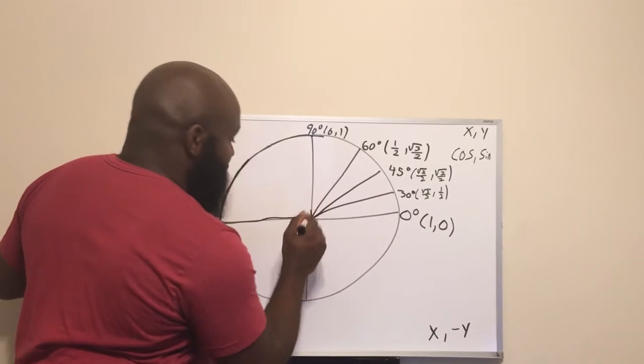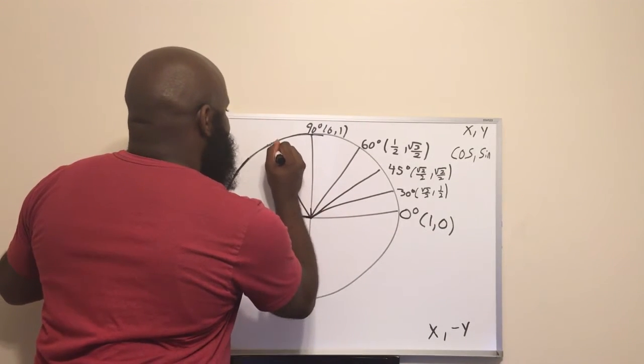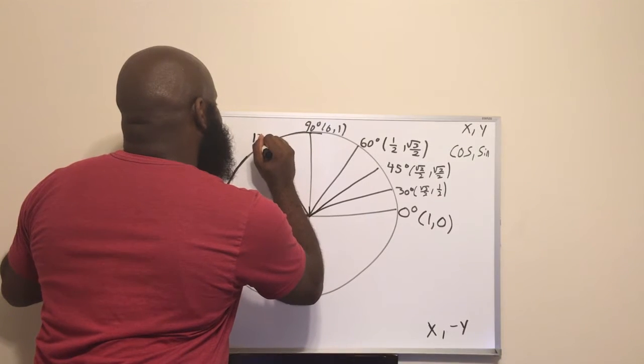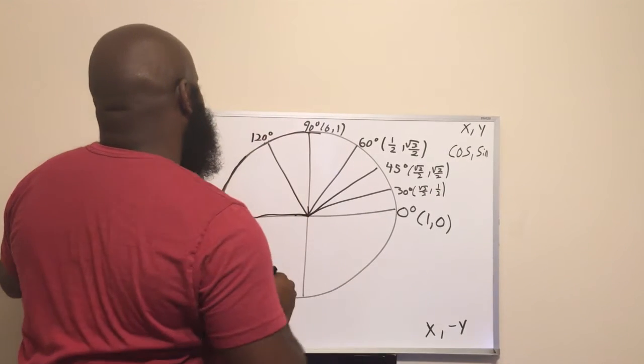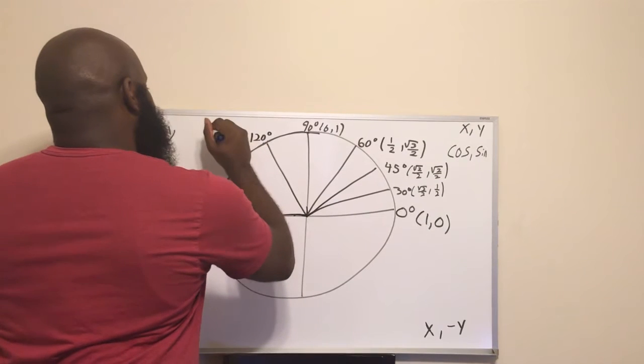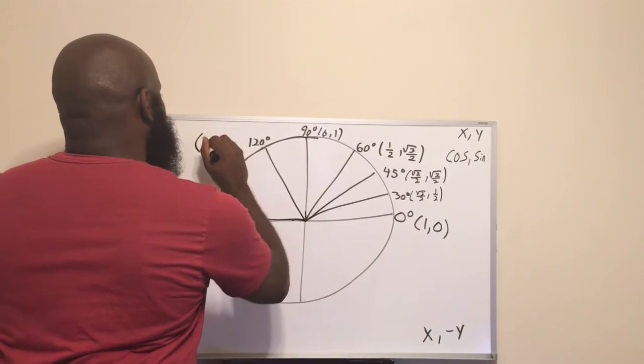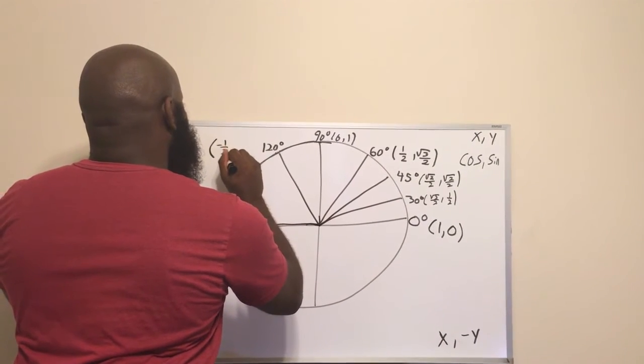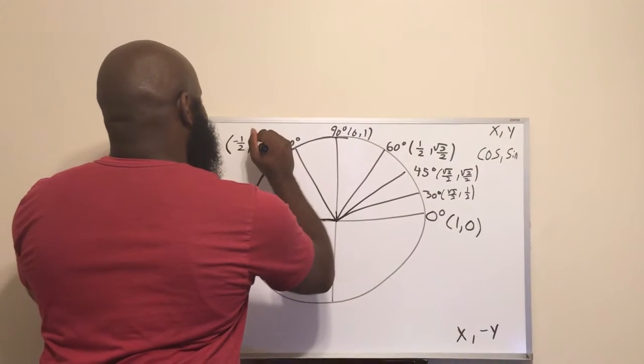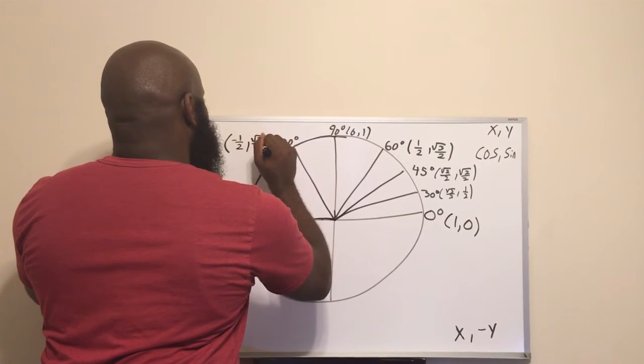Your first point on your second quadrant, you have 120 degrees. Your cosine at 120 degrees is negative 1/2 and your sine is square root 3 over 2.